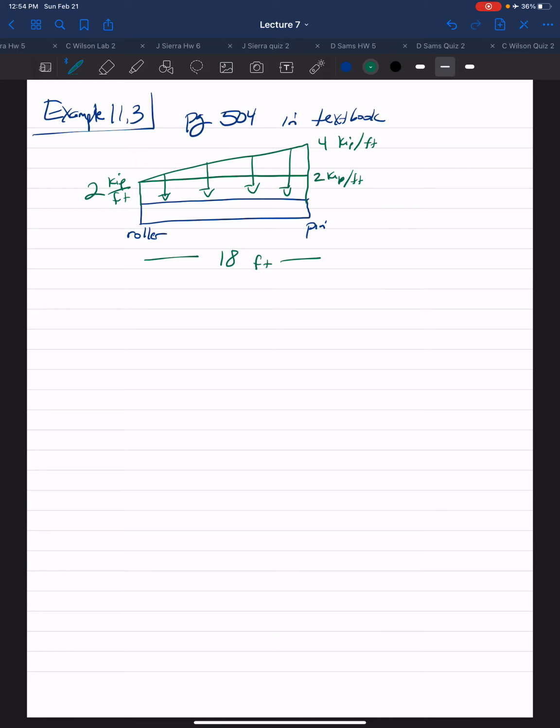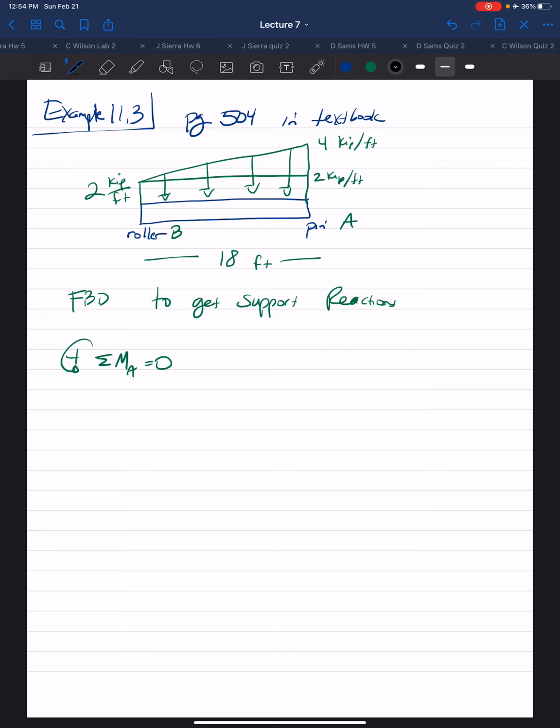So first, let's do our free body diagram to get our support reactions. And we'll say the pin at A, we'll say a roller at B. So we'll take the sum of our moments about A equals 0. Well, first, let's see what it looks like.